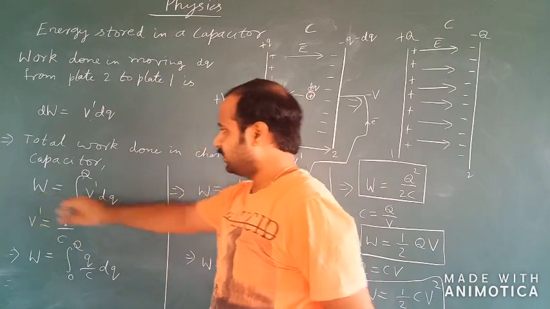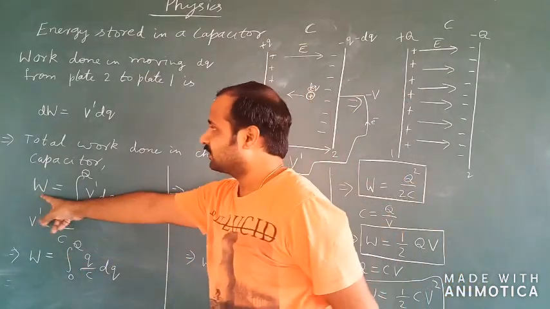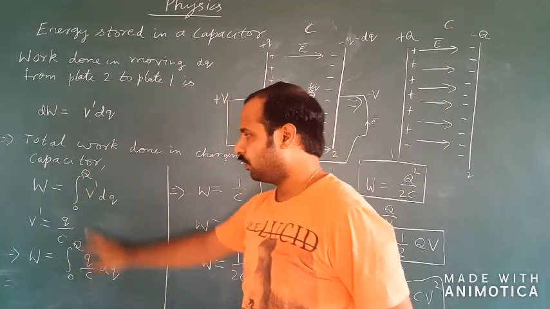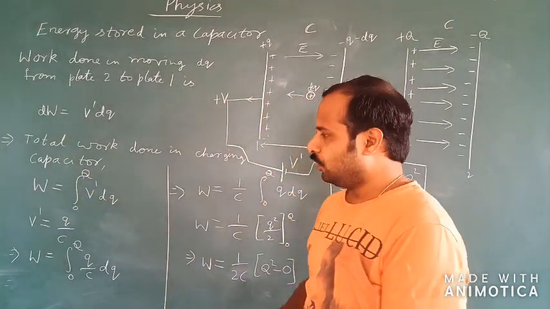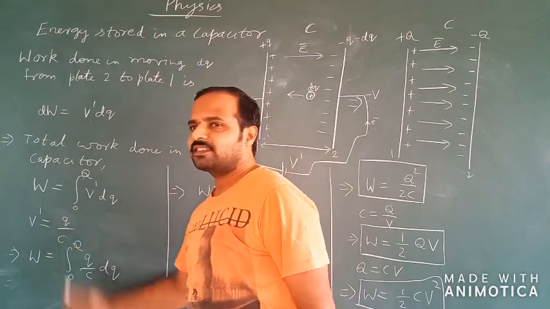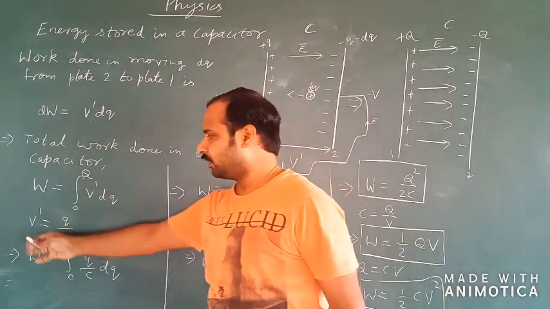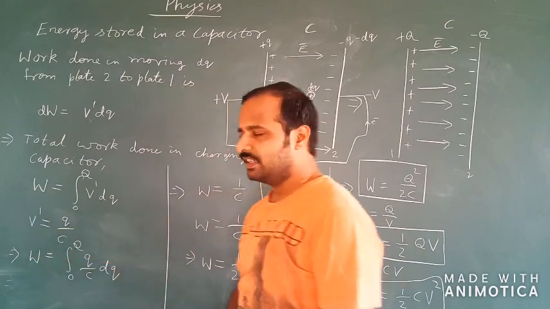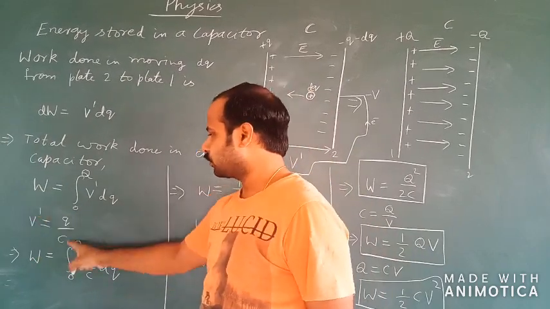So the total work done in charging the capacitor is given as W equals the integral from 0 to Q of V' dq. Now V' is nothing but q by C, from the definition of capacitance.